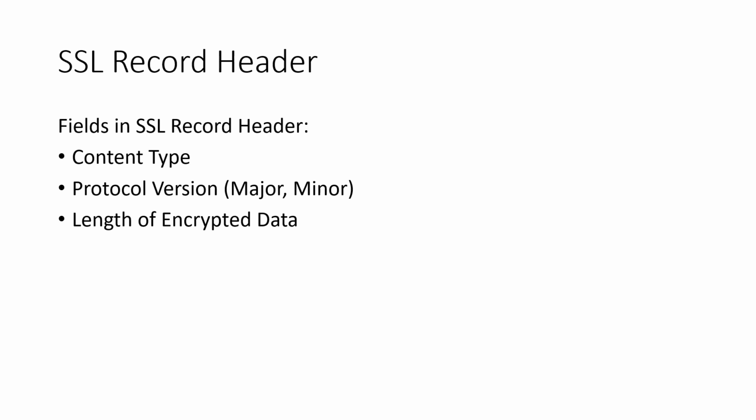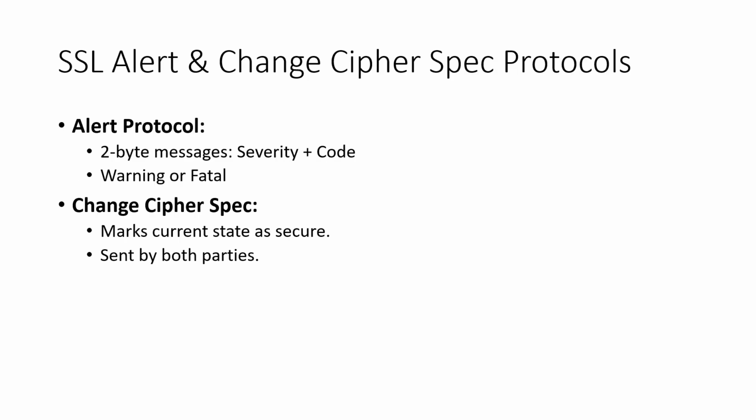The alert protocol is used for reporting errors and other session events. Each alert has two bytes, one for severity, that could be one meaning warning, two meaning fatal, and if it's fatal, the session terminates. And the other byte is for specific error code like unknown certificate or bad MAC.